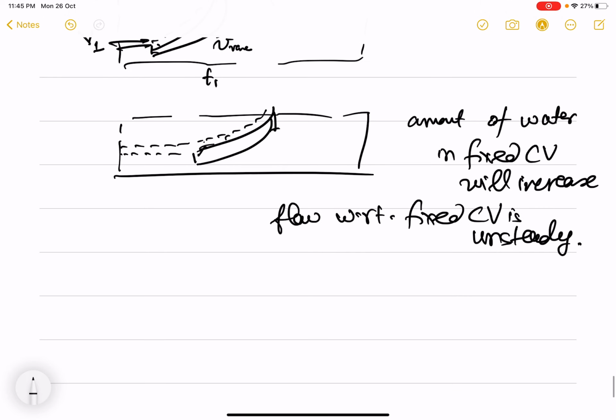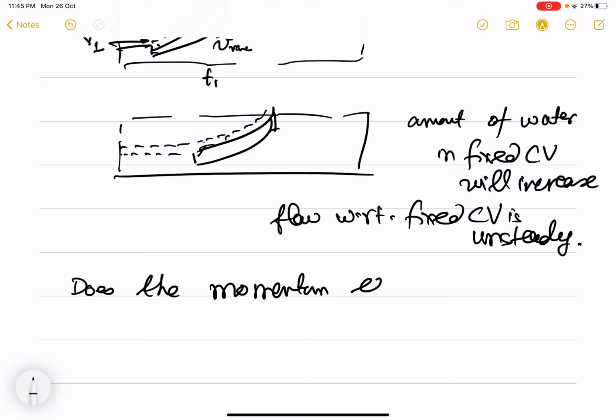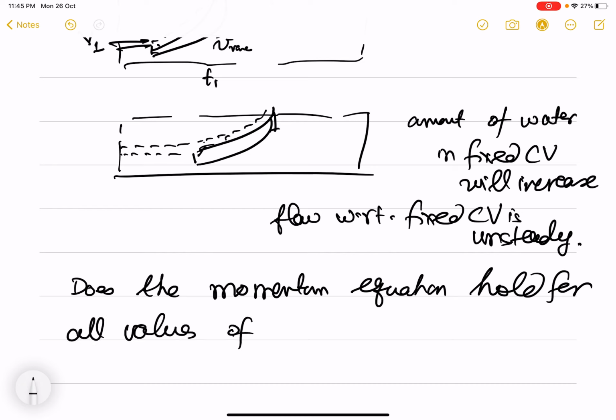Now the question which I pose is, does the momentum equation hold for all values of V vane?